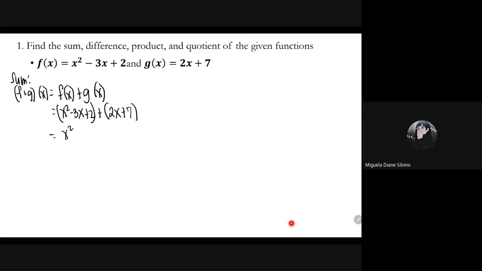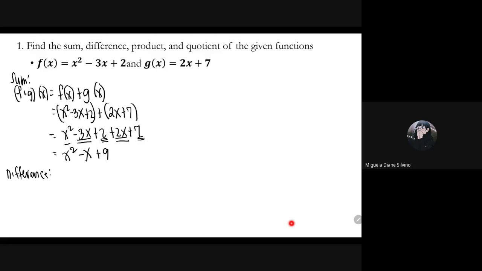So tanggalin mo muna yung parenthesis and then tingnan mo kung sino dyan ang similar terms. So basically, yung x squared, wala siyang kaparehas, ibaba mo lang. Itong negative 3, kaparehas niya si 2x. Pag pinagsama mo yan, that's addition, so negative x. Ito naman, 2, pag pinagsama mo yan dito kay 7, magiging 9 siya.